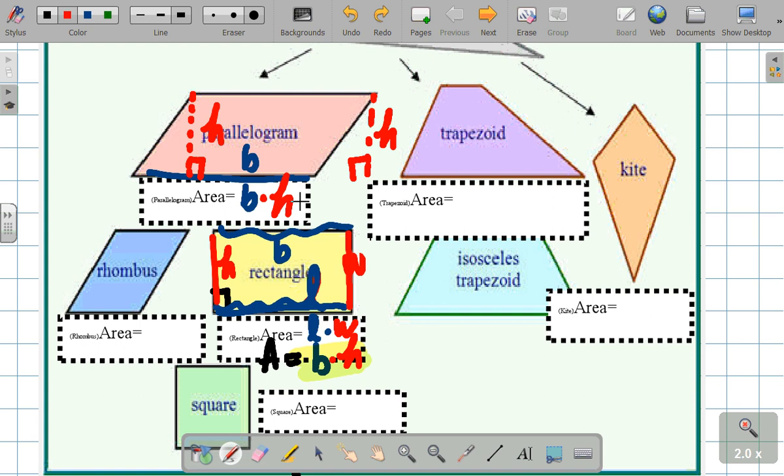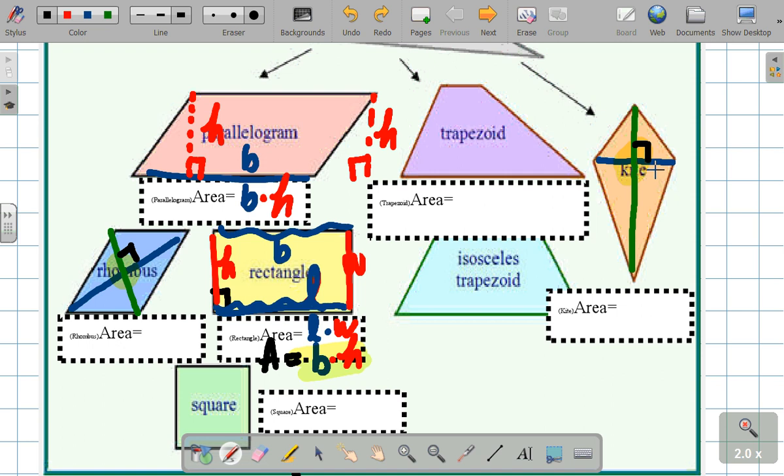Now, what's also a rhombus and a kite, they're related. Draw in the diagonals. What angle's in the middle for both of these? What's your right angle? Because they are related.